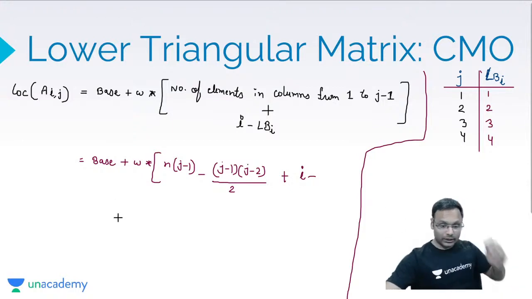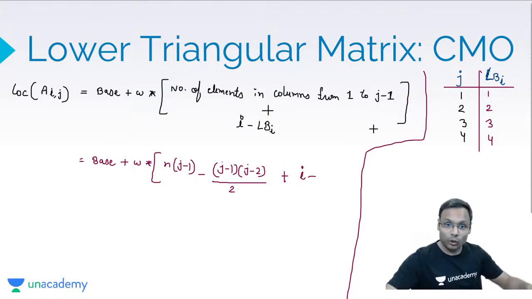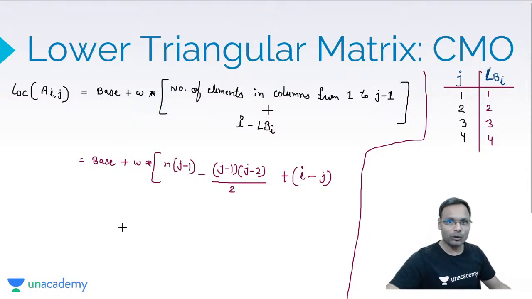Got it? That is why here I'll have to write lower bound of I is equal to what? Is it 1 always? No, it's not 1 always, it's j. If j equals to 1, lower bound of I is 1. If j equals to 2, lower bound is 2. J equals to 3, lower bound of I is 3. J equals to 4, lower bound of I is 4.